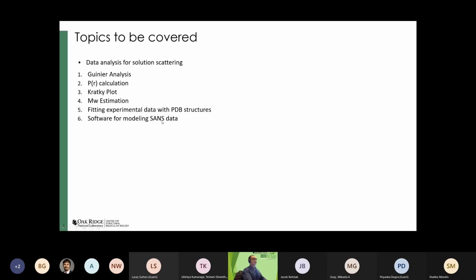We'll also focus on the software that we generally use to analyze those types of data. I hope that I can cover that in 45 minutes.